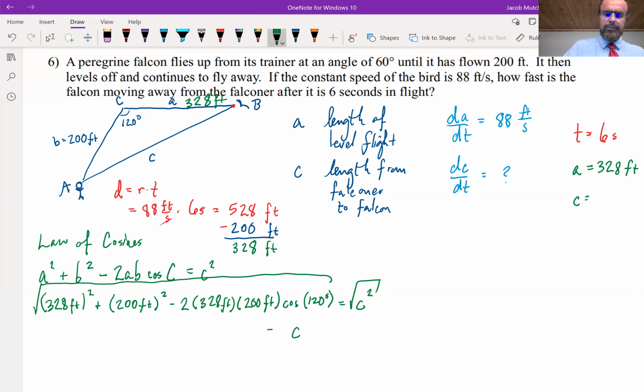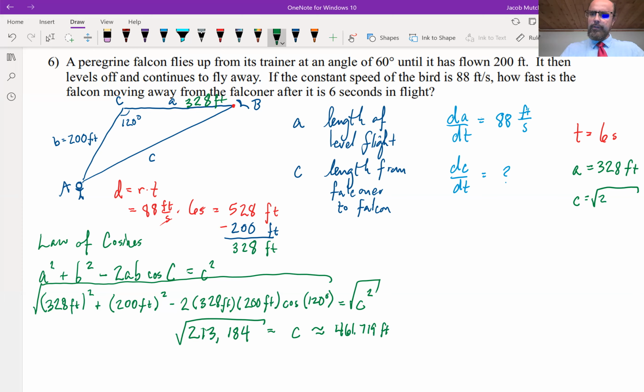So it equals the square root of 213,184, and that's not a perfect square, so it approximately has the value of 461.719 feet. So we'll put the exact version here with our data.